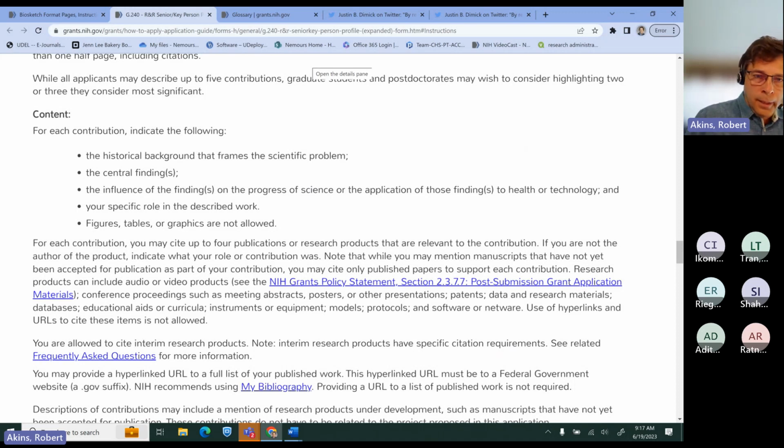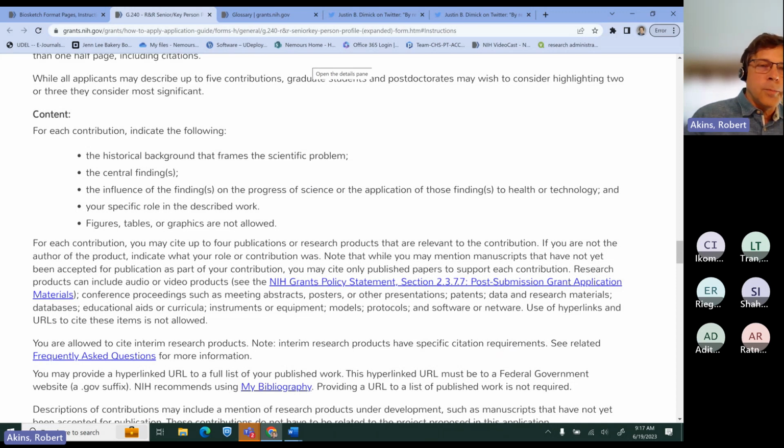So you worked on something as a fellow that turned into a big deal at the institution where you did your fellowship, and your component was important to that thing, whatever it is, that practice change or that discovery happening. You want to put that in as a contribution so that the reviewers can see, oh, look, they've been productive. They've done these other things.